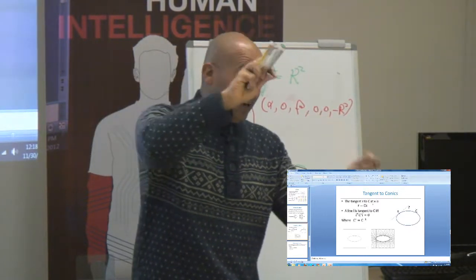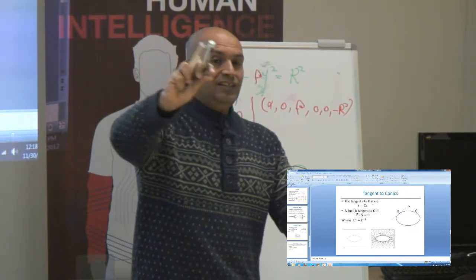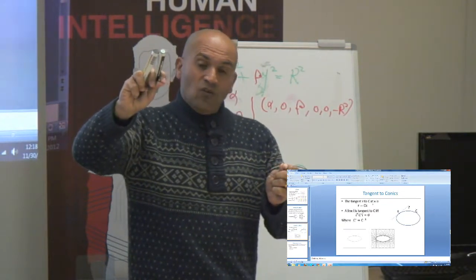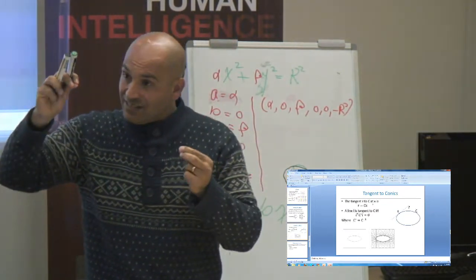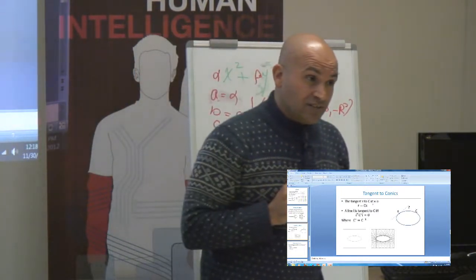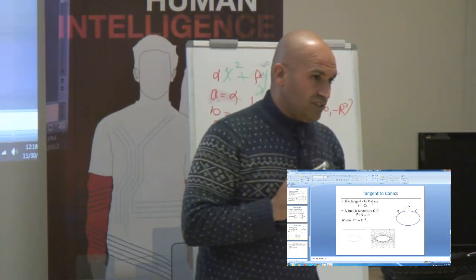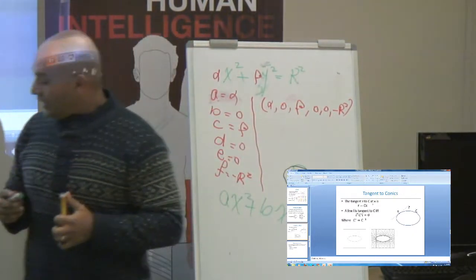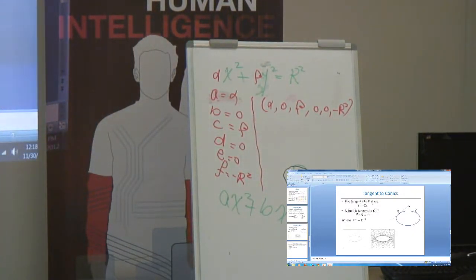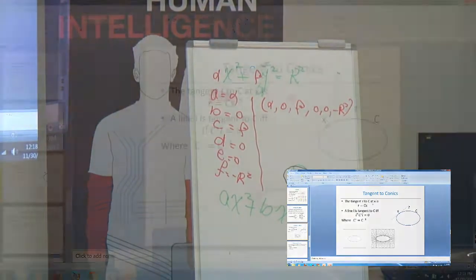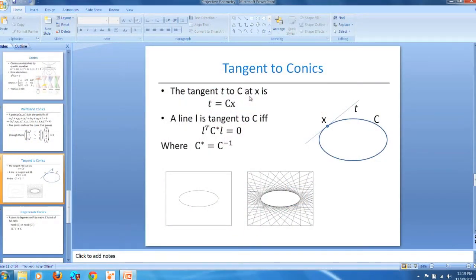Now if we have any line and a conic, when we say that this line is a tangent to this specific conic, we take C star, which after I multiply by L and L transpose, if this gives me 0, this means this line is a tangent to this conic.